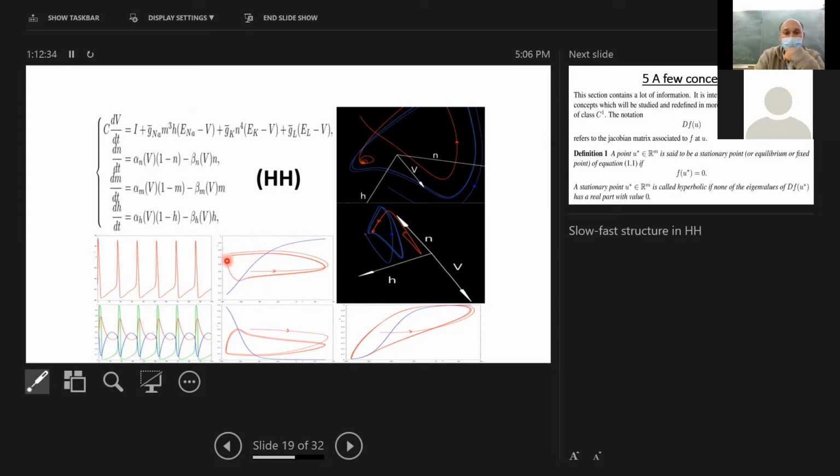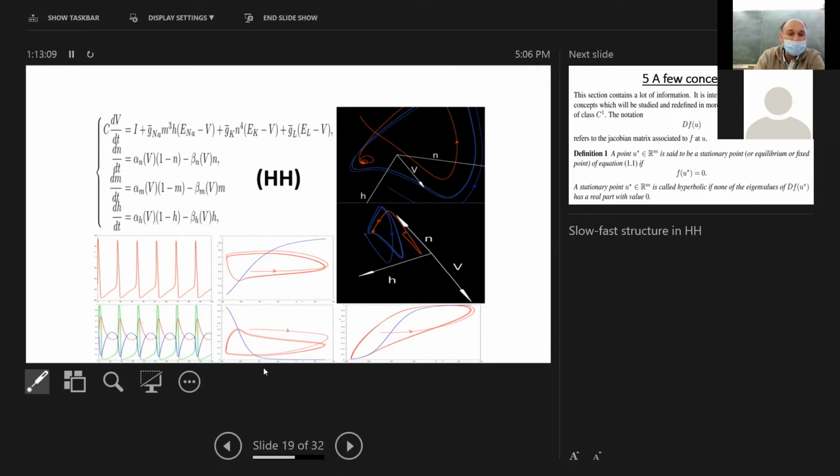Now look, here your N decreases. But when you cross the null line, it increases, because here the blue is the null line. So at the left, N prime is negative, and at the right of the null line, N prime is positive. There's a lot of information there.